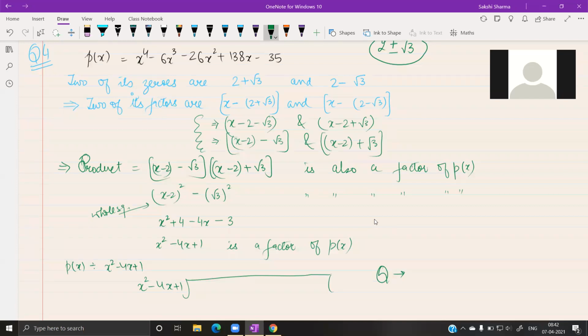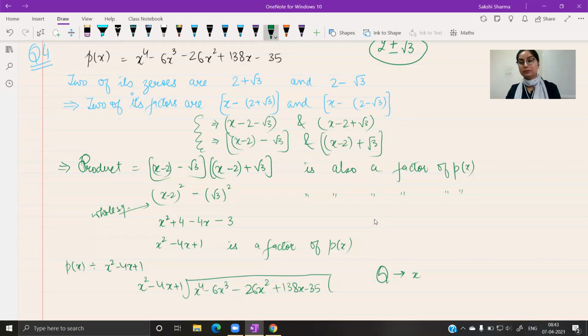X raised to the power 4 minus 6x cube, this is your dividend, minus 26x square plus 138x minus 35. Has anyone done this question? Okay, anyone with questions till this point?